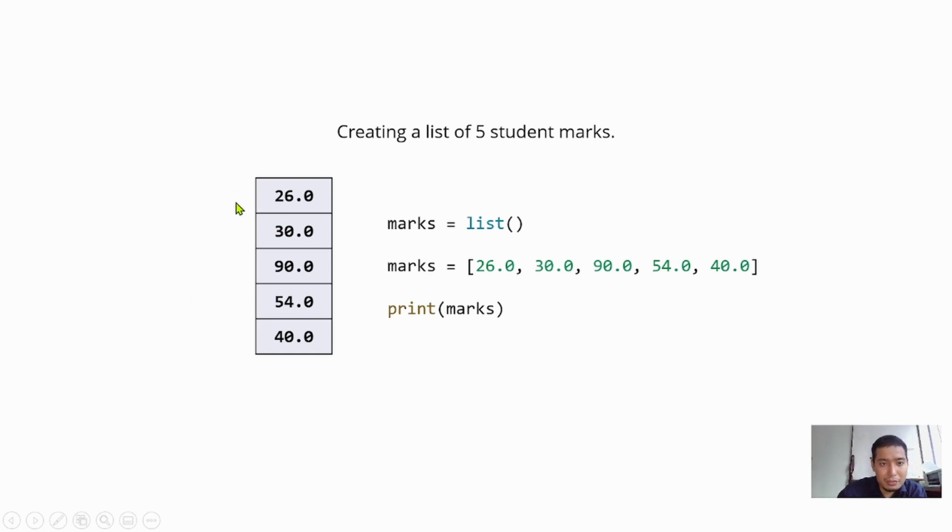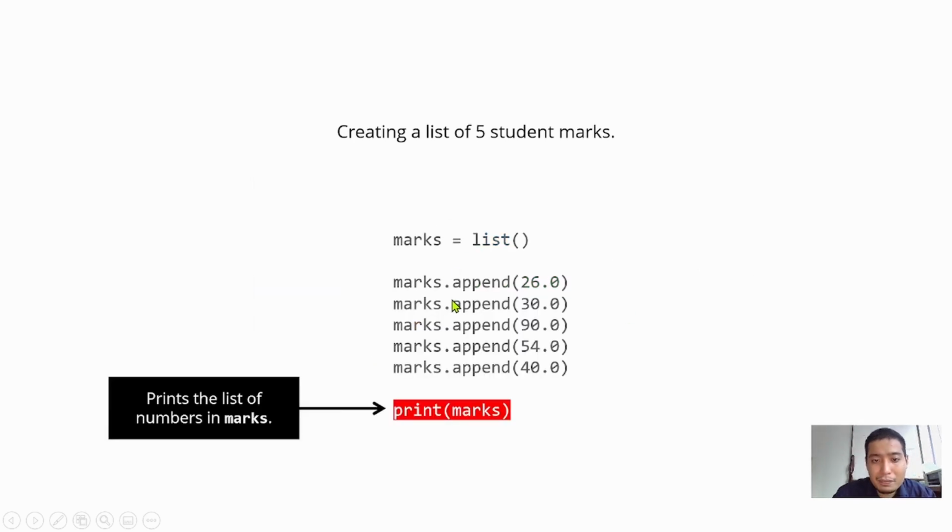You have this single block as the memory site or the memory location. This is where you put your number. So let's say these are your memory slots, and you have 26, 30, 90, 54, 40. So that's the idea. Instead of using marks.append here, it's up to you.